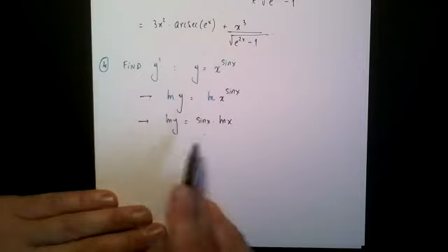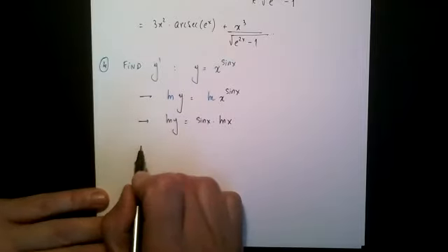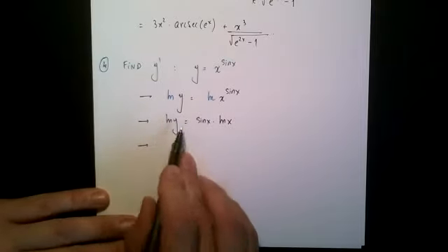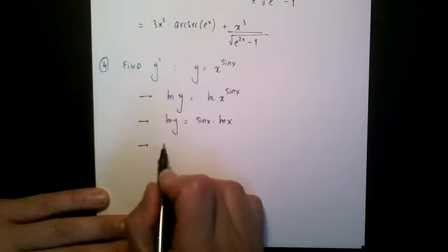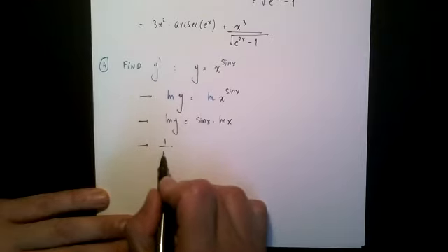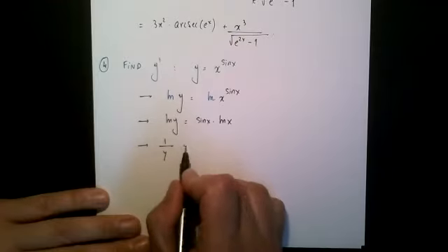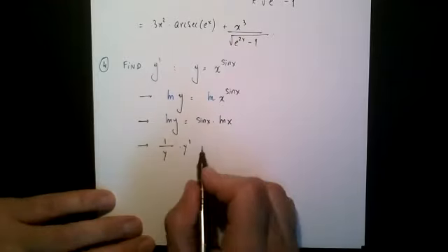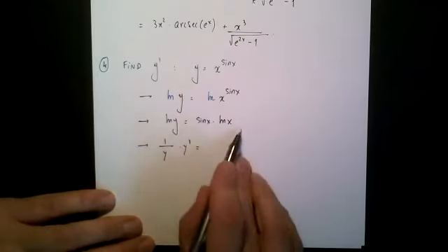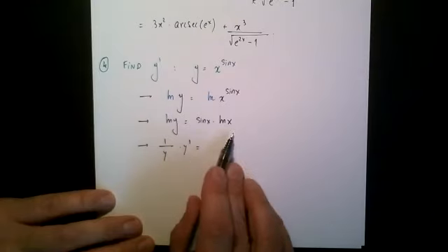And now I'm going to take the derivative on both sides. So the derivative of ln y is what? It's 1 over y times y prime, equals, and the derivative here, of course, I have to do the product rule.